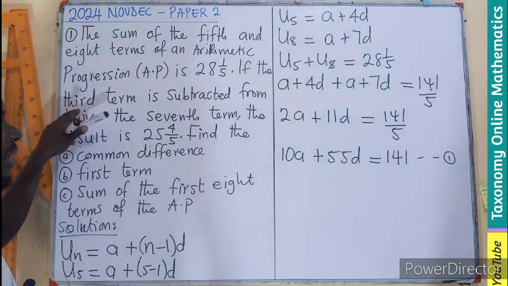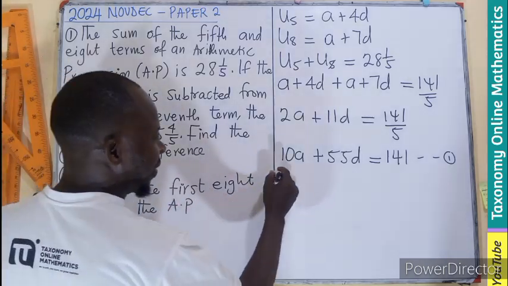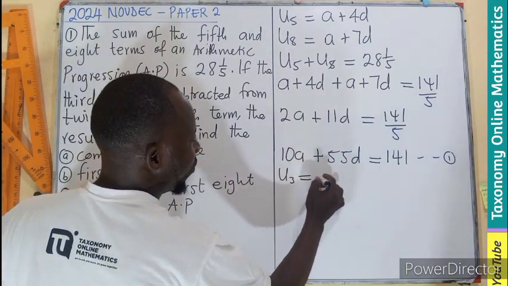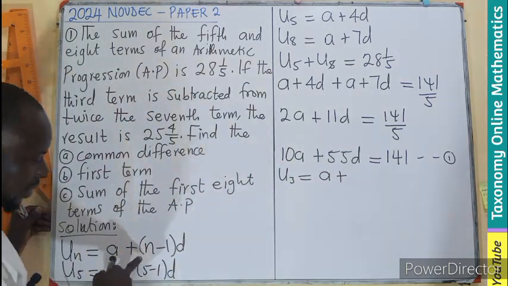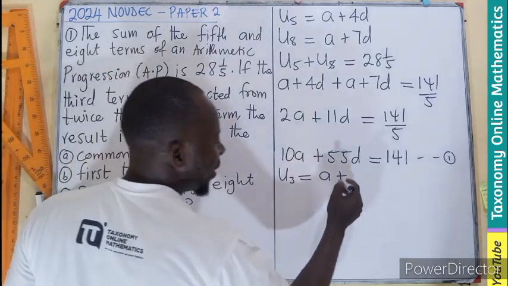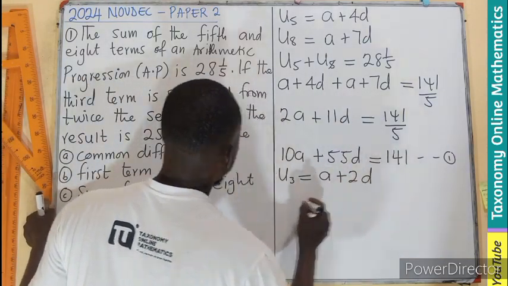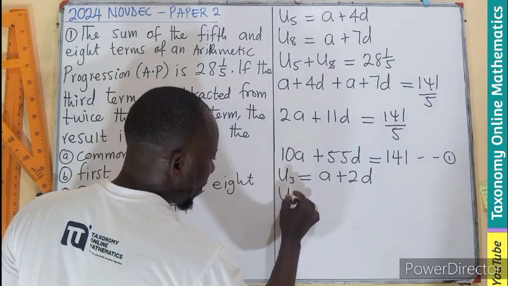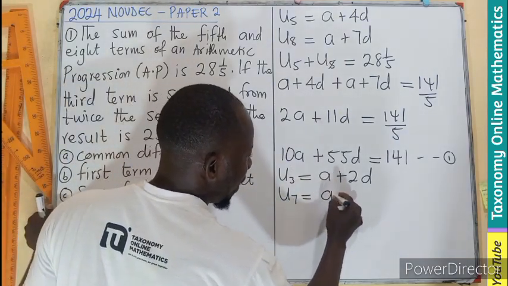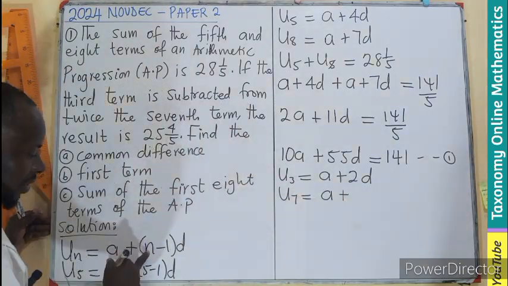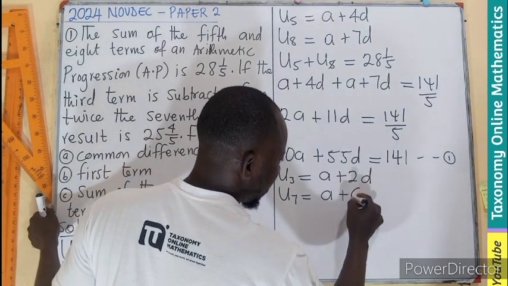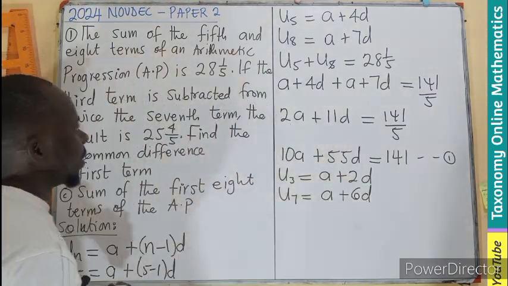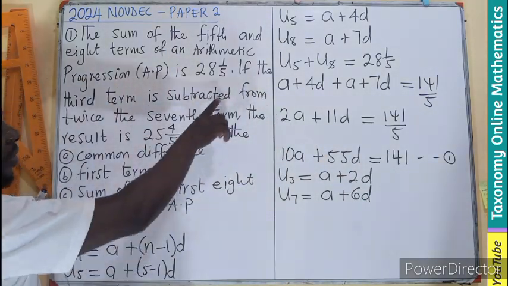Where do we move to? We are dealing with the third term. The third term will be A plus 3 minus 1, that will be 2D. The seventh term is A plus 7 minus 1, that will be 6D.